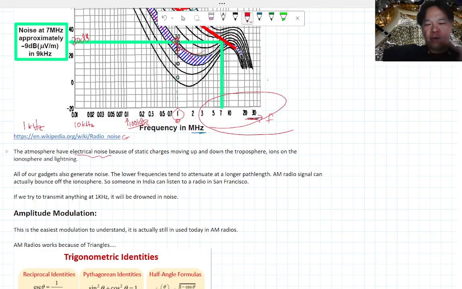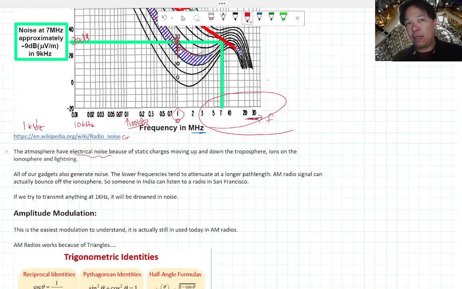Some of these charges moving around will create electromagnetic fields, and the ionosphere is the upper part of our atmosphere where the sun actually has enough energy to ionize the molecules, hence the name. Those charges moving around also cause noise in the atmosphere.